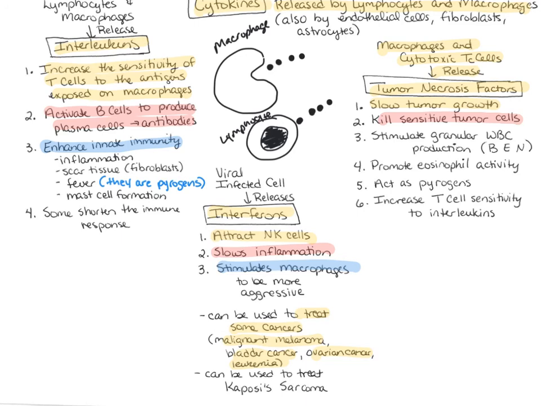It also stimulates white blood cell production, those granular ones, BEN: basophils, eosinophils, neutrophils. And they promote that eosinophilic activity. Tumor necrosis factors act as pyrogens, so a person who's having these TNFs released will end up with a fever. They also increase the T cell sensitivity to the interleukins.